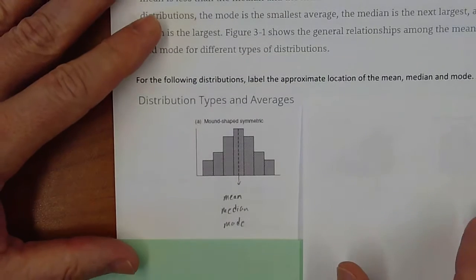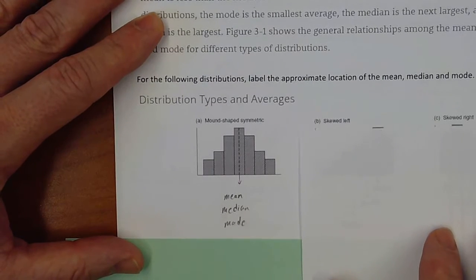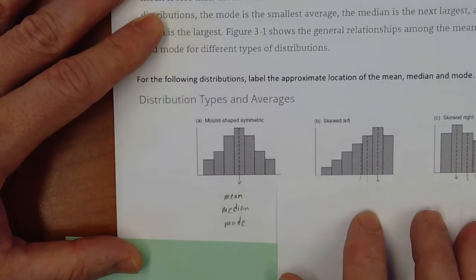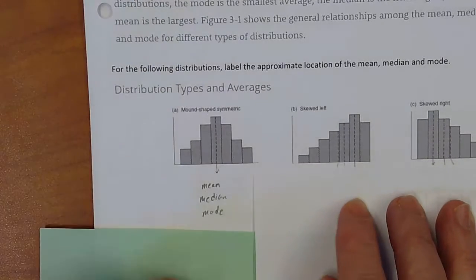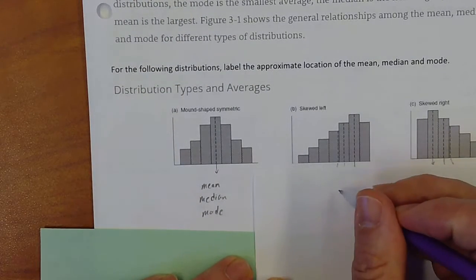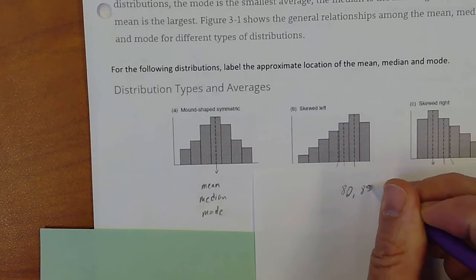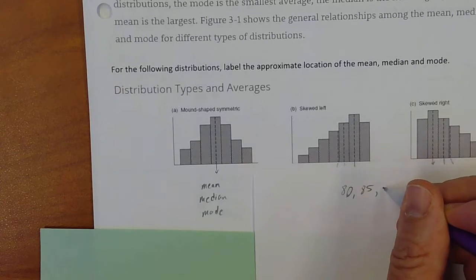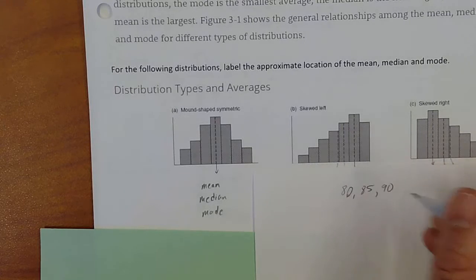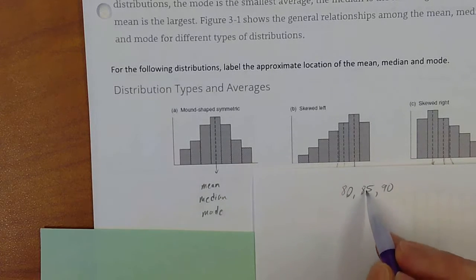So, for example, let's say we had a skewed left distribution and my data set looked like this. Maybe some test scores: 80, 85, 90. You don't have to write this down, just watch. Right now, the mean, median, and mode are all the same. This is a symmetric distribution, even though it's small.